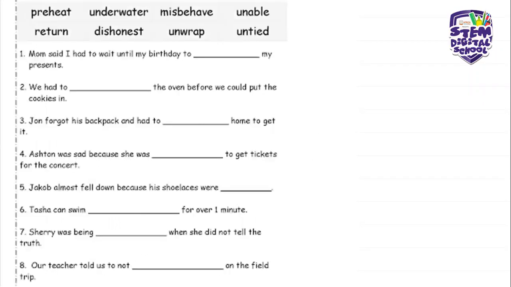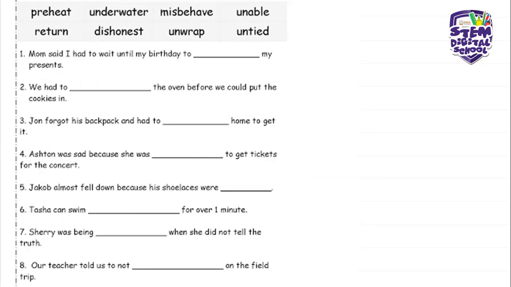Now the next one is my mom said I had to wait until my birthday to what my presents. You can use the words that are there at the top. See there at the top, it's unwrap my presents. My mom said I had to wait until my birthday to unwrap my presents.